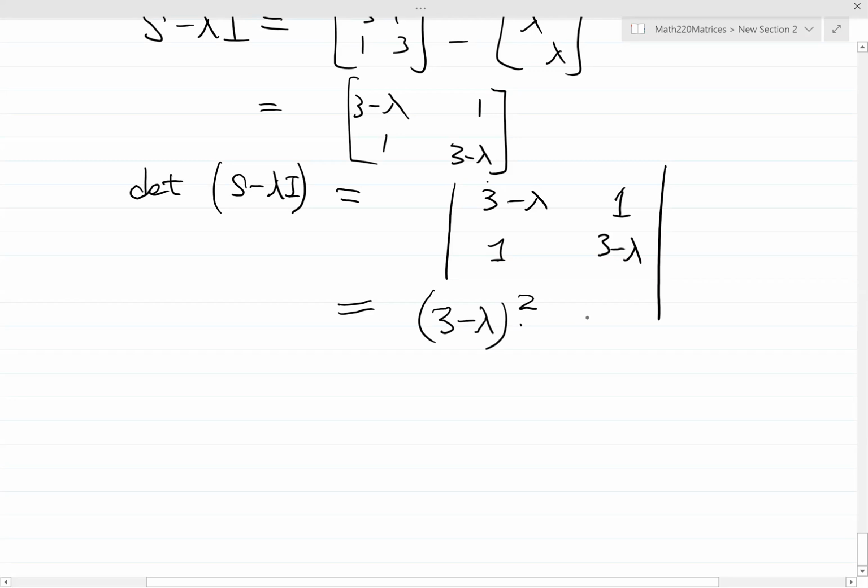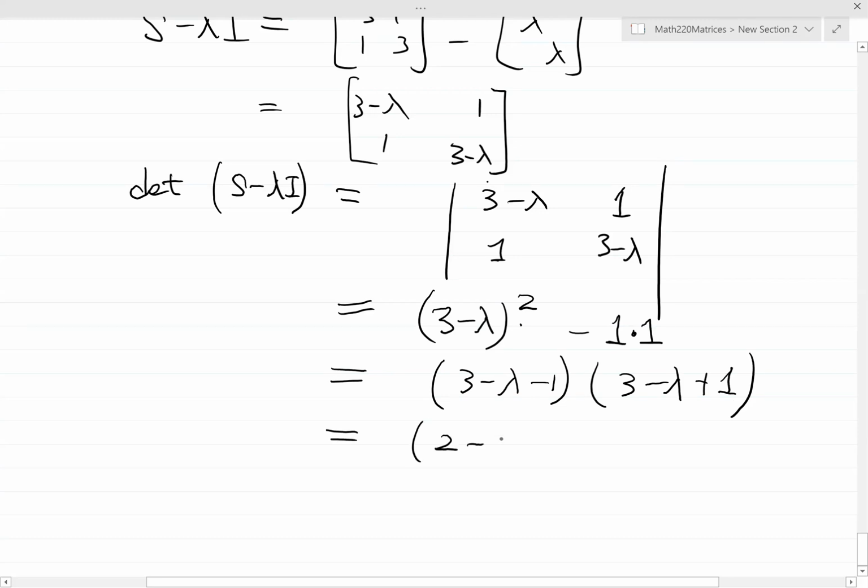So it's 3 minus lambda squared minus 1 times 1. Now this can easily be factored because it's a difference of two perfect squares. So it's 3 minus lambda minus 1 times 3 minus lambda plus 1. So we get 2 minus lambda times 4 minus lambda.